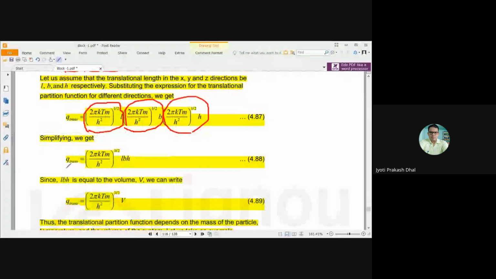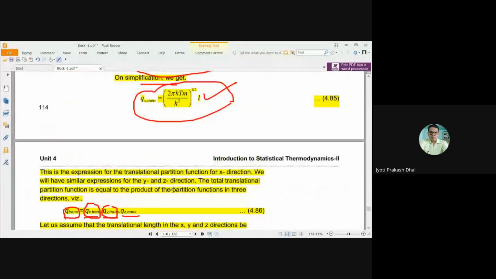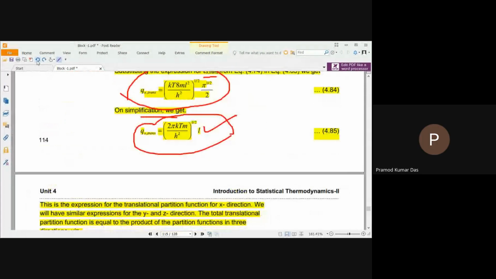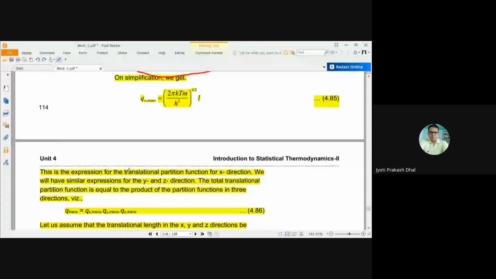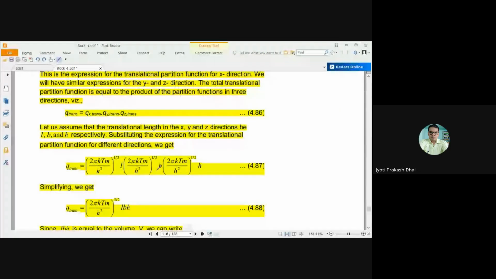So we have solved the value for one axis, and similarly we will put the values for the y-axis and the z-axis. Let the length of the particle along the y-axis be b, and along the z-axis be h.